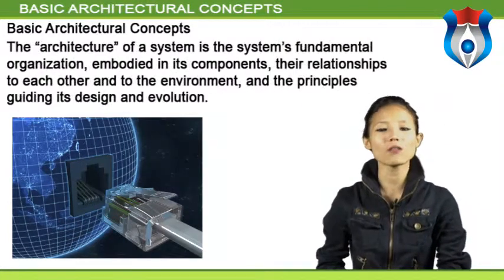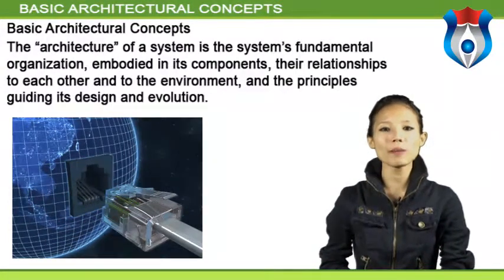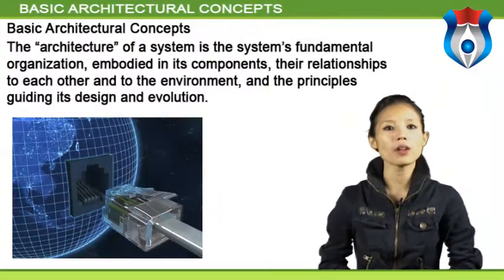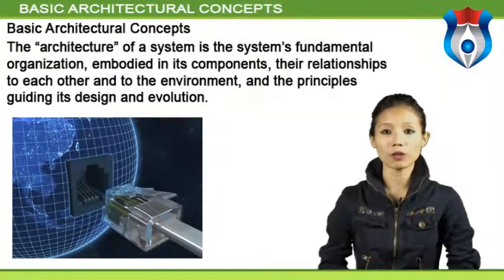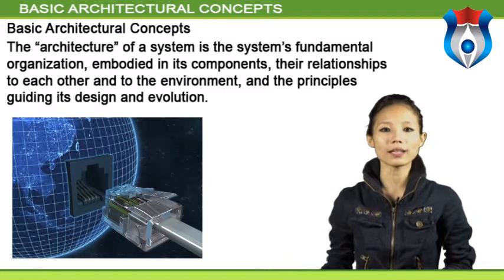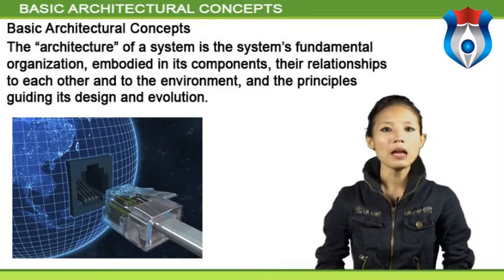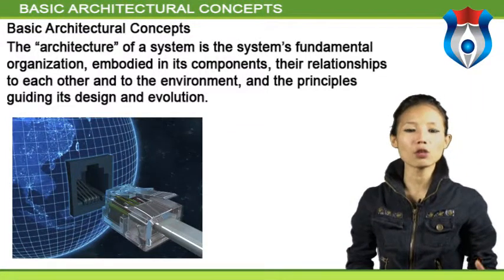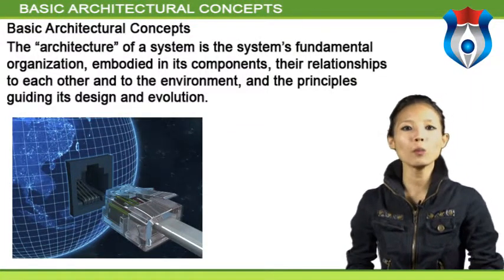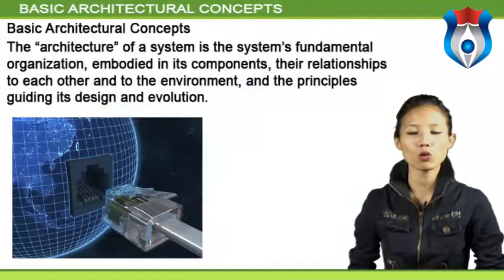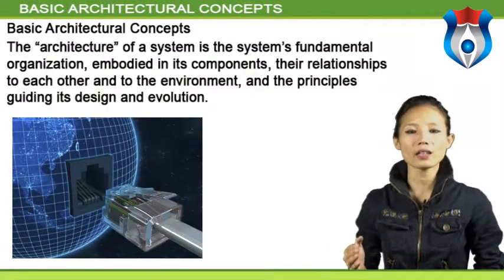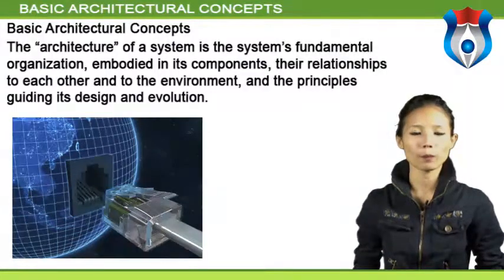The architecture of a system is the system's fundamental organization embodied in its components, their relationship to each other and to the environment, and the principles guiding its design and evolution. An architecture description is a collection of artifacts that document an architecture. In the Open Group Architecture Framework, TOGAF, architecture views are the key artifacts in the architecture description.